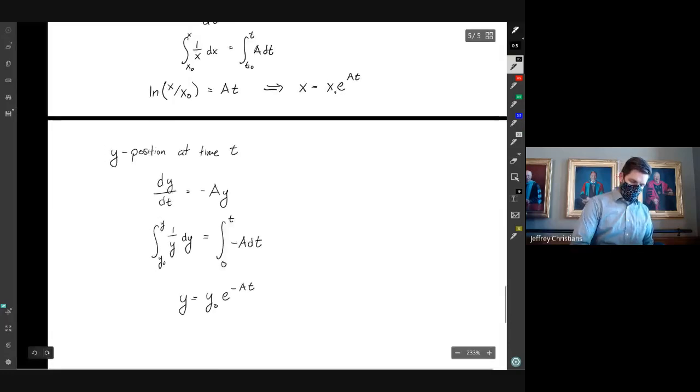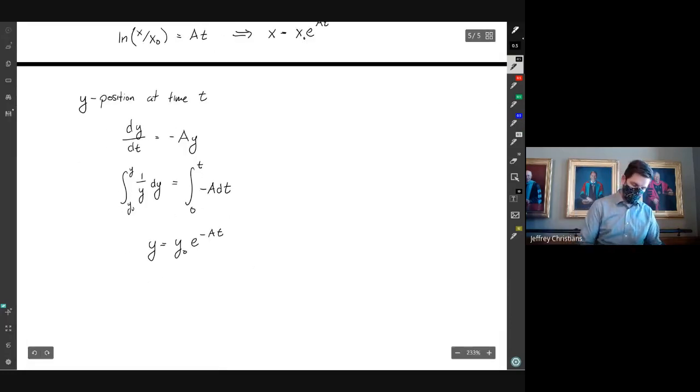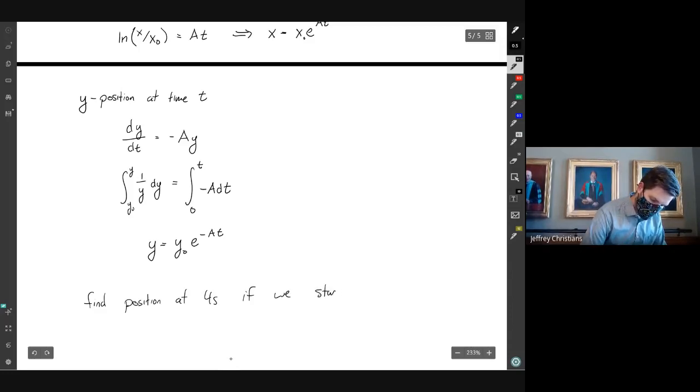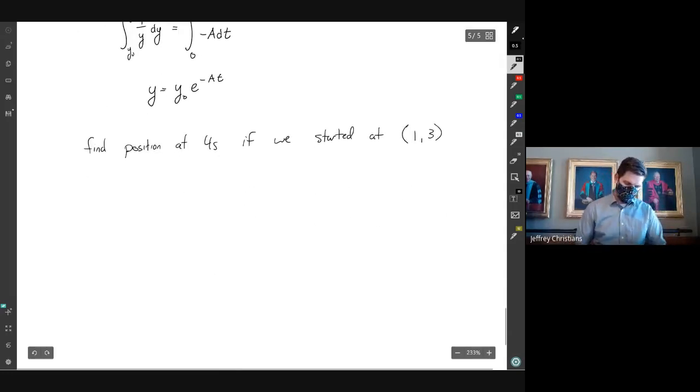So if we wanted to find our position at 4 seconds, if we started at (1, 3), let's draw what that would look like again.